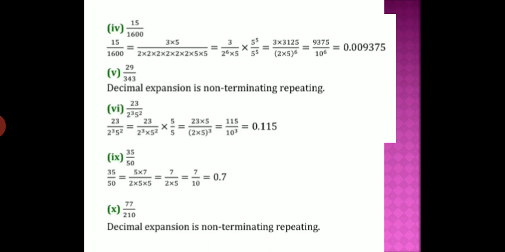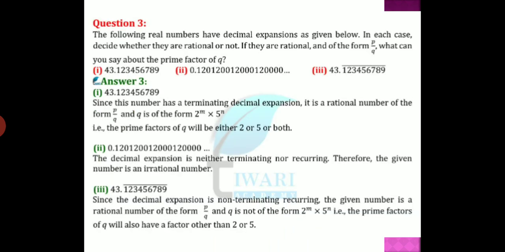So it is terminating and it will terminate after 3 decimal places. So the answer is 0.115. 9th subdivision, 35 by 50. So 7 by 2 into 5. It is terminating, you'll get 0.7. Then the 10th one, 77 by 210. It is non-terminating repeating.